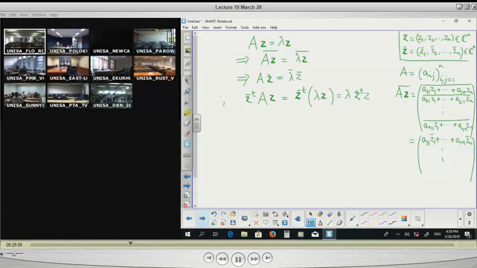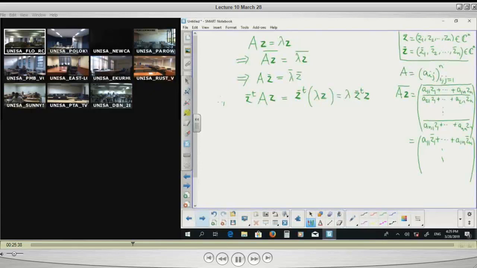Lambda is a scalar, so it will come out. Clear? Yeah. So you included the conjugate of Z. Z bar. Yes. Transpose of the conjugate of Z. Yes. On both sides. No, not both sides. This side is not.